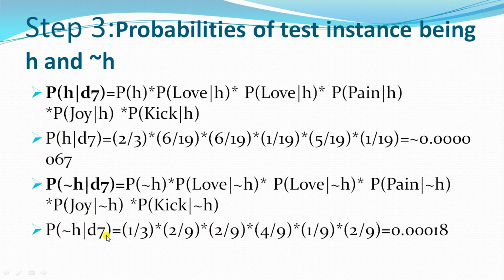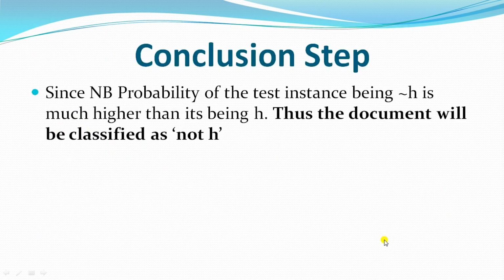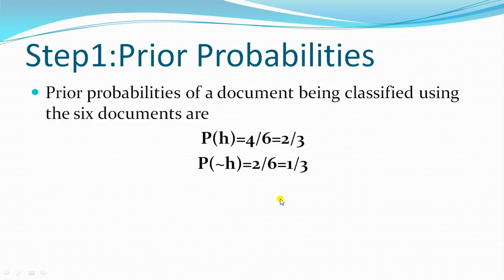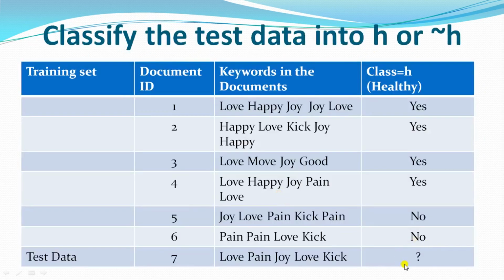The probability of D7 being in not class is higher than the probability of D7 being in yes class. So obviously the final value will be that particular D7 will be in the class of not of H. So finally it will be no.